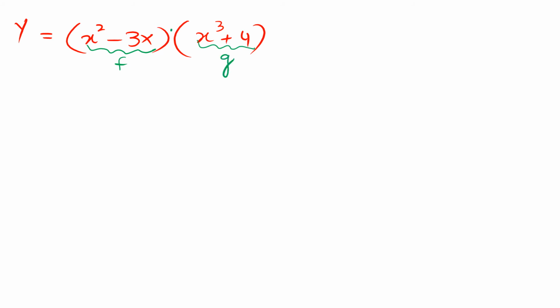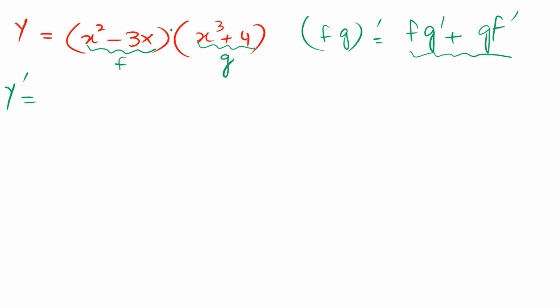They are multiplying, so you will use the product rule of differentiation, that is equal to fg prime plus gf prime. Expand the formula according to the product rule. So here f, you will write x squared minus 3x as it is. G prime means x cube plus 4 with whole prime.